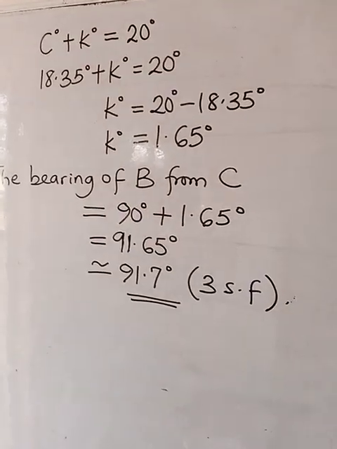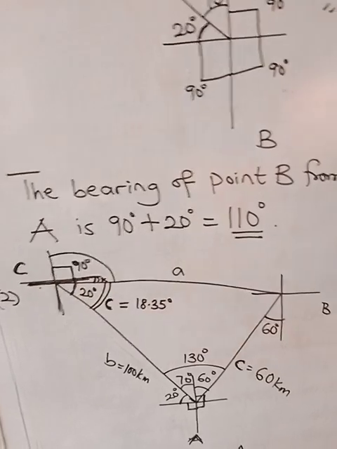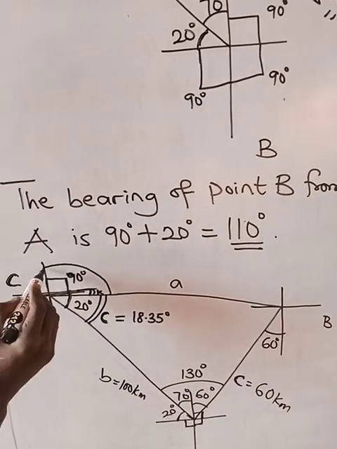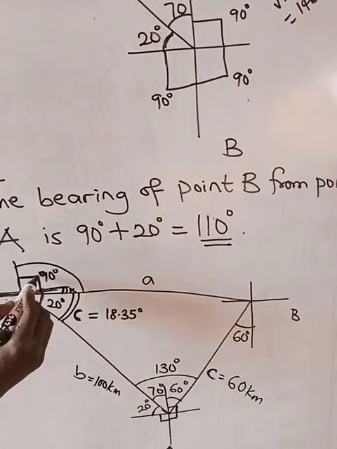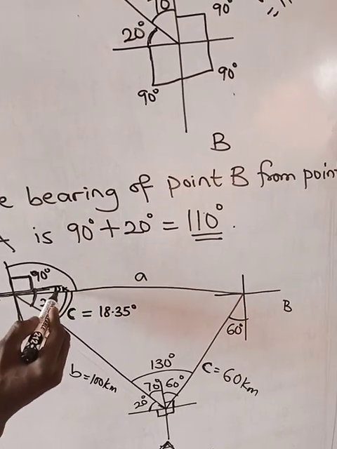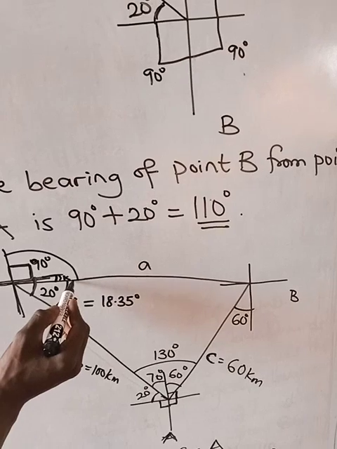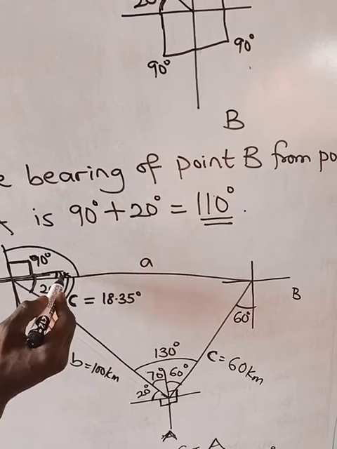Please, for emphasis, look at it again. The bearing of B from C is measured from the north of C to the line that connects them, and this is a right angle, 90. You cannot find K directly.